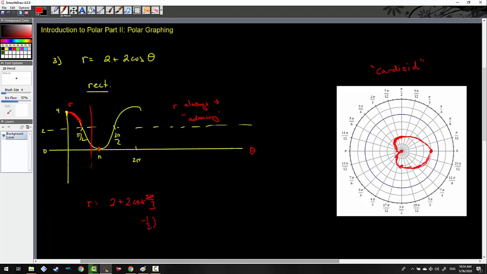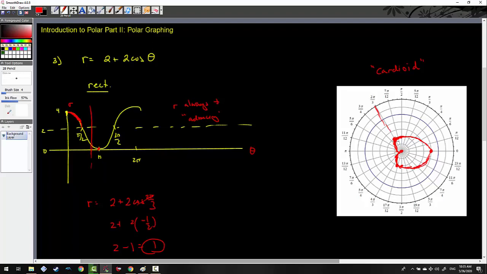So negative 1/2 times 2 and then plus 2, you get 2 minus 1, which is positive 1. Your radial value is going out by positive 1 when you're facing 2 pi over 3, which is why I advanced out 1 radius. And notice how my graph hits that radius unit of 1. It'll happen the same way out here at 4 pi over 3, I'll hit a radius value of 1. If you want to do the math, you can go ahead and check.